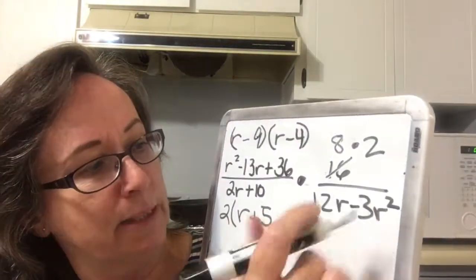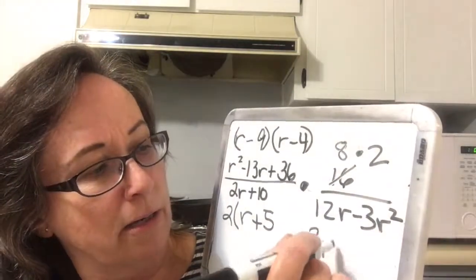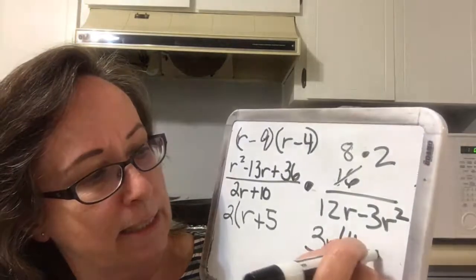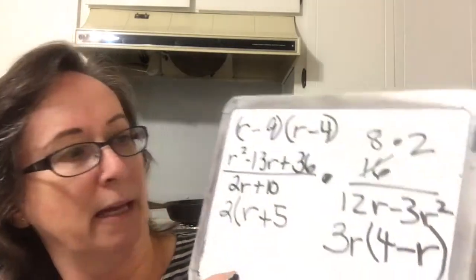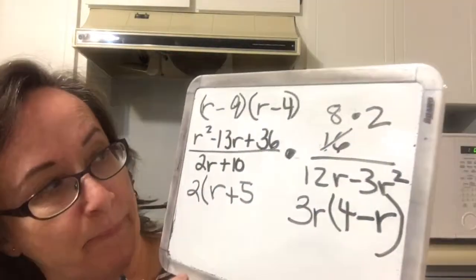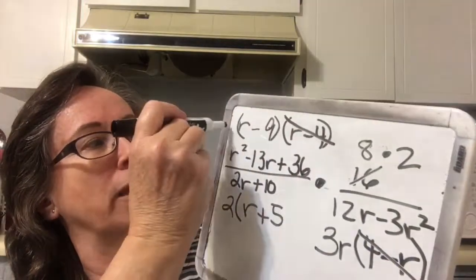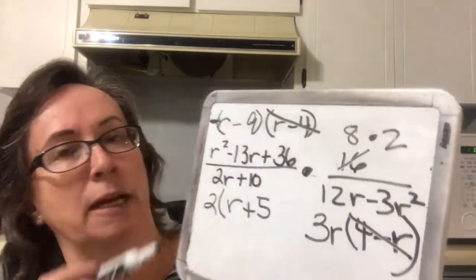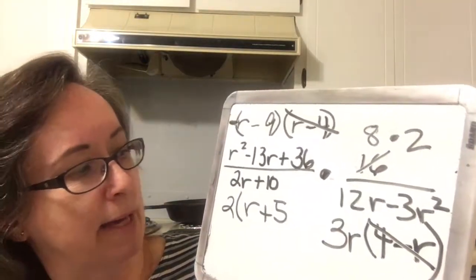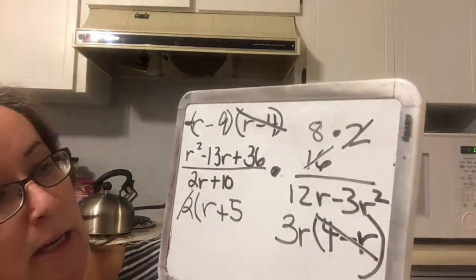And then on this one, we're going to factor out a 3 and an R, leaving me with a 4 minus R. Okay, so we got the 4 minus R and the R minus 4 going on here. So I'm going to go ahead and cancel the 4 minus R and the R minus 4, leaving a minus sign upstairs. And we have a 2 that will cancel with the 2 upstairs.